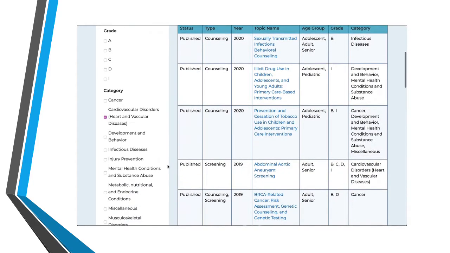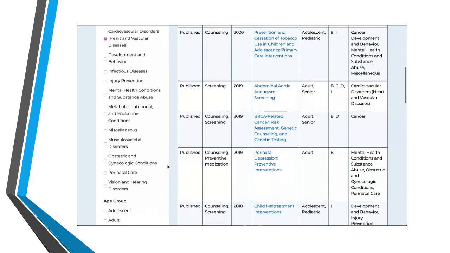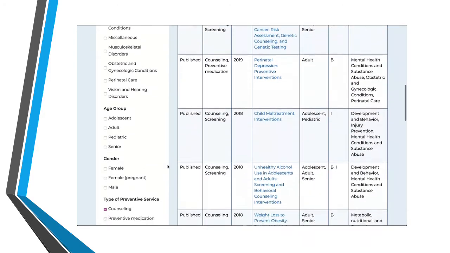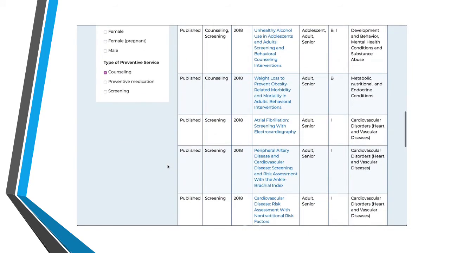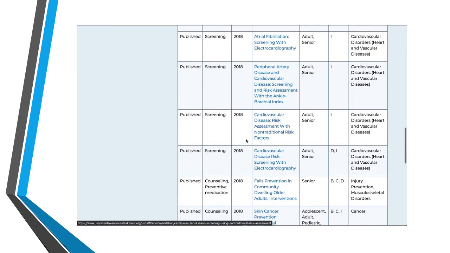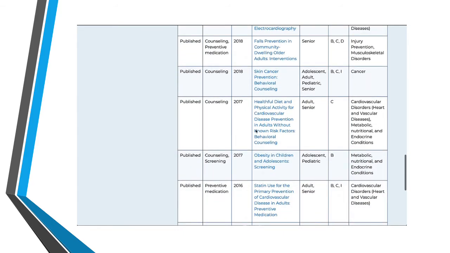So looking at these results, scrolling down, I think I found one that might be relevant. So healthful diet and physical activity for cardiovascular disease prevention in adults with and without known risk factors. And it looks at behavioral counseling.